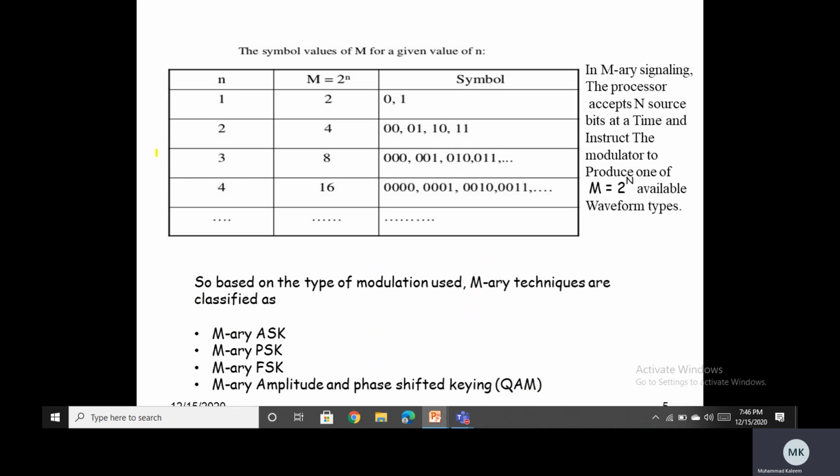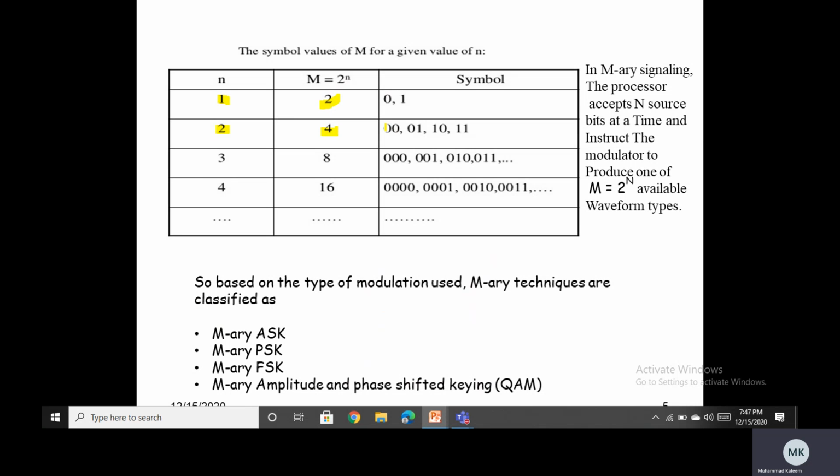So if the value of n is 1, which is the number of bits, then m will be 2 raised to n, meaning m is 2. And there are two symbols, one symbol will represent 0 and one symbol will represent 1. If there are 2 bits per symbol, then the value of m becomes 2 raised to 2, which is 4.